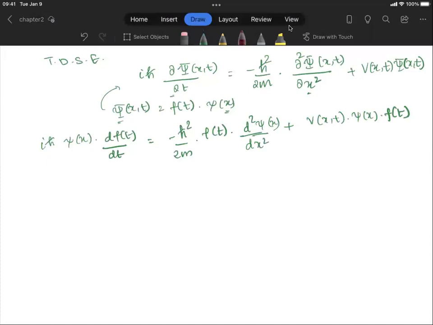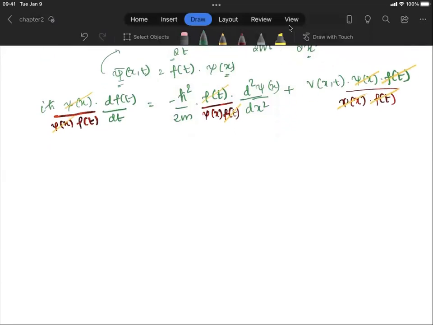Now, I'm going to divide everything by the wave function. So I can cancel out psi of x, and here I can cancel out f of t, and here I can cancel out the entire thing.